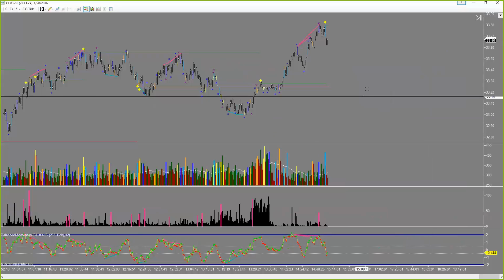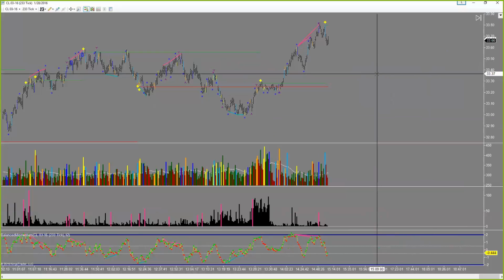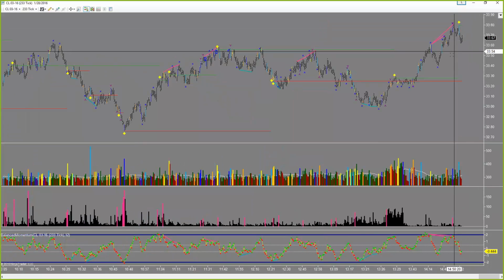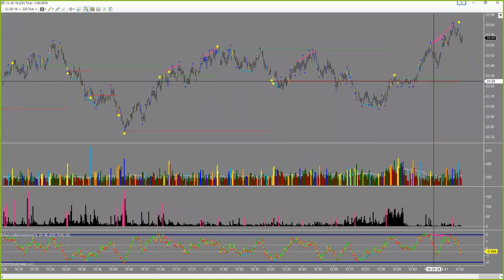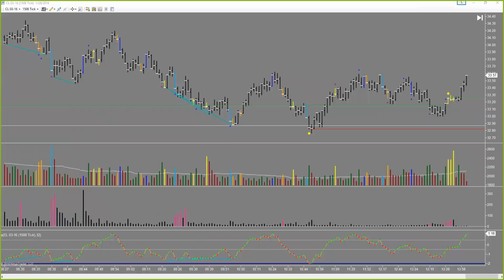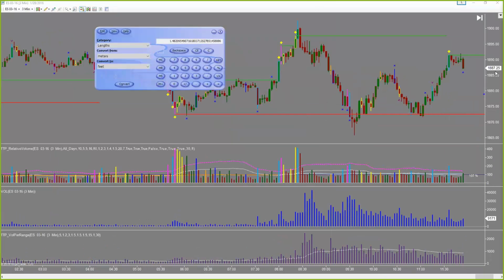I just wanted to give you guys an overview of the different volume indicators that we have, why they're so important, and how they kind of confirm what we do here. It's really the relative volume that is the backbone of the confirmation of the areas that we trade with the market geometry.